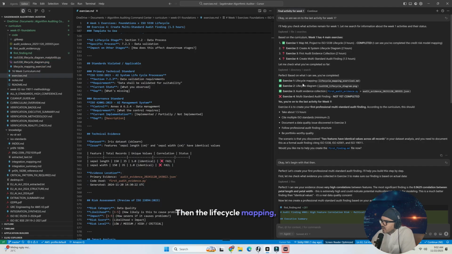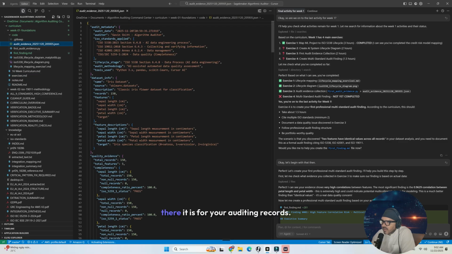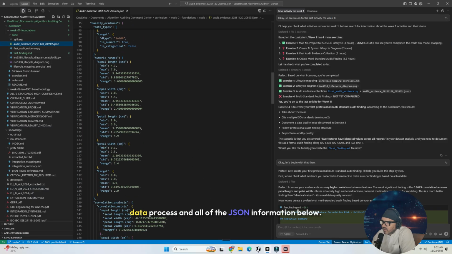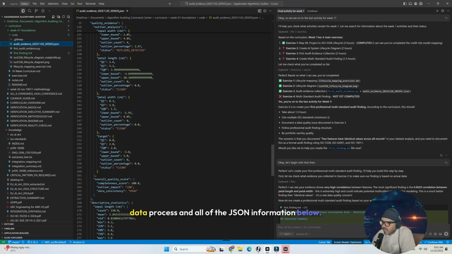We've done the life cycle mapping, we've done the diagram, we've collected the audit evidence, and now we've got this report. Again, there was a Python script there which I created to extract all this evidence into a JSON. If you want to see the JSON, there it is for your auditing records. You can see lifecycle stage, data process, and all of the JSON information below.